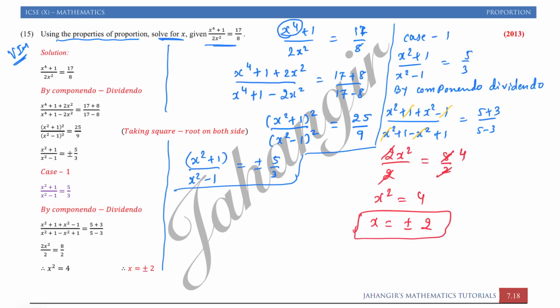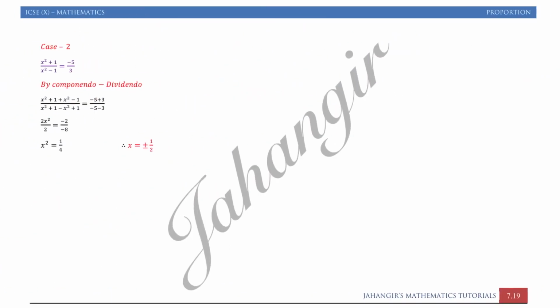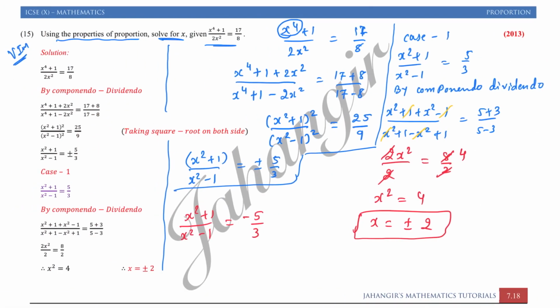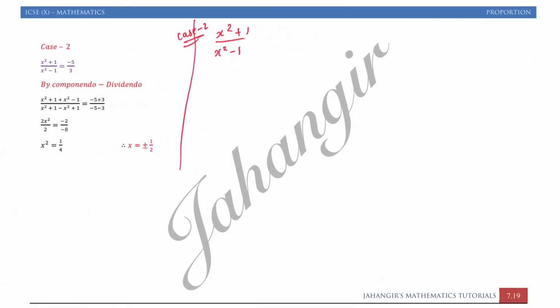Now for the second case I will take (x^2 + 1)/(x^2 - 1) = -5/3. We will do that on the next page. This is case 2: (x^2 + 1)/(x^2 - 1) = -5/3.